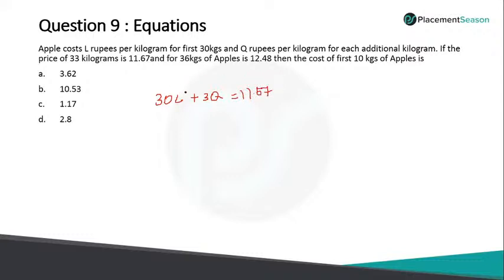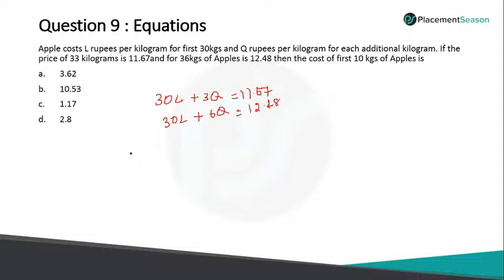Same second equation is for what? For 36 kg. Again same, first 30 kgs price will be per kg L rupees. For 30 kgs it should be 30L, plus for remaining 6 kgs per kg will be Q rupees. For 6 kg it should be 6Q. Total is 12.48.